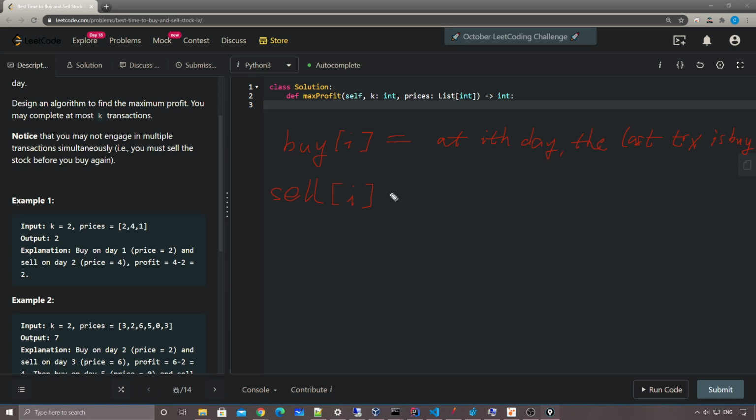Sell[i] means that at the i-th day, the last transaction is sell. For all the buy and sell stock problems, you can always use this approach: you define two DP arrays.